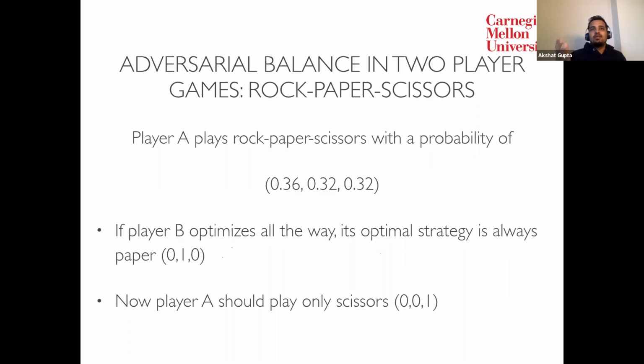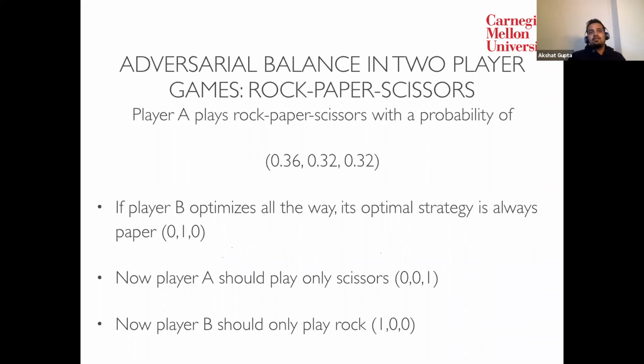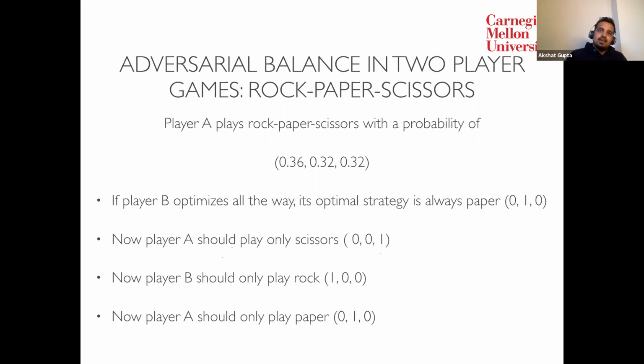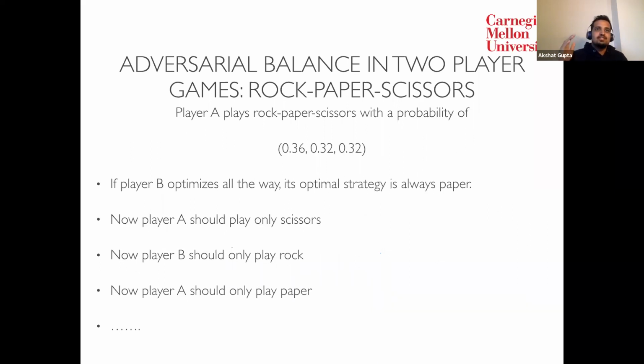Now that player B is playing only paper, player A will start playing only scissors. But now seeing that player A is doing that, player B will now only play rock, because why should it play anything else? And seeing that player B is now only playing rock, player A will now only play paper. And this just keeps going on and on and on.